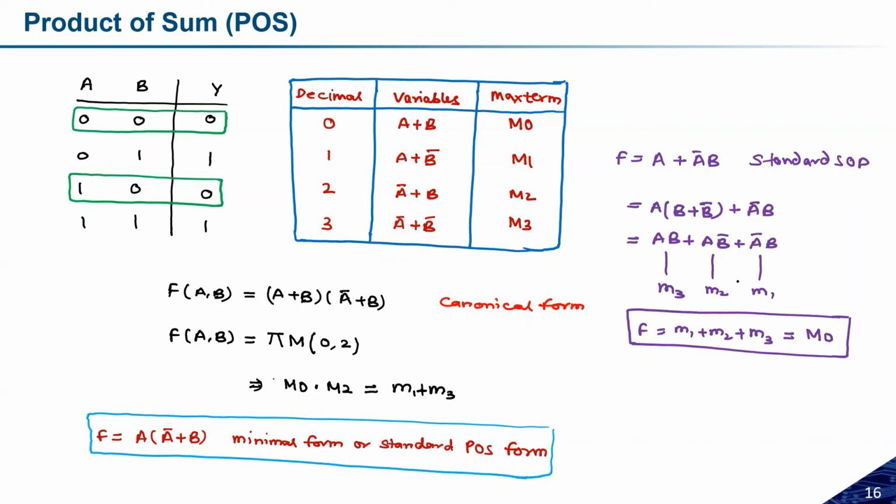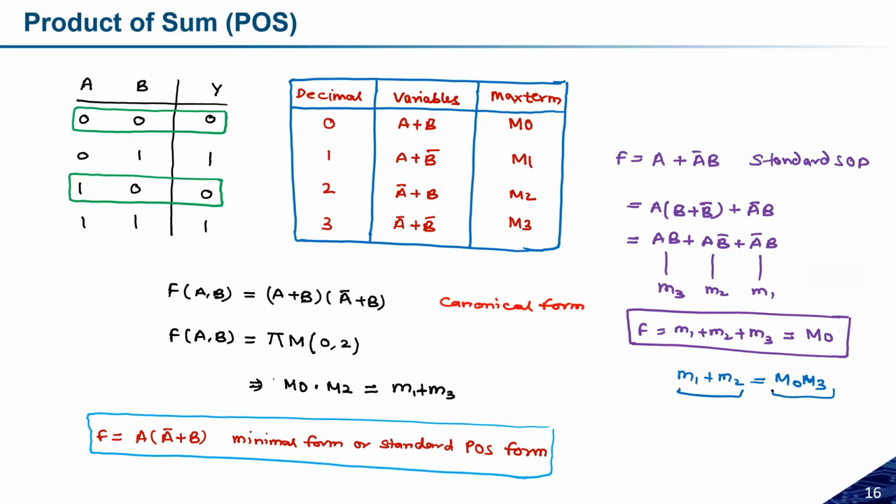It is not mandatory that you will always get the minimum number of gates after converting from POS to SOP and vice versa. Suppose you have a function having two min terms, let us assume M1 and M2, and we can also write it as M0 plus M0 into M3. So on one side I have two min terms, and on the other side I have two max terms.